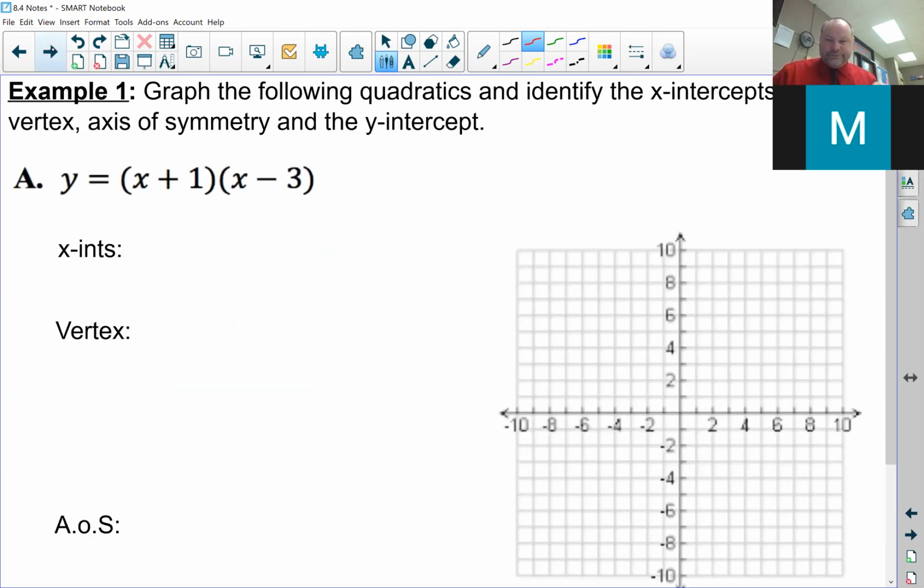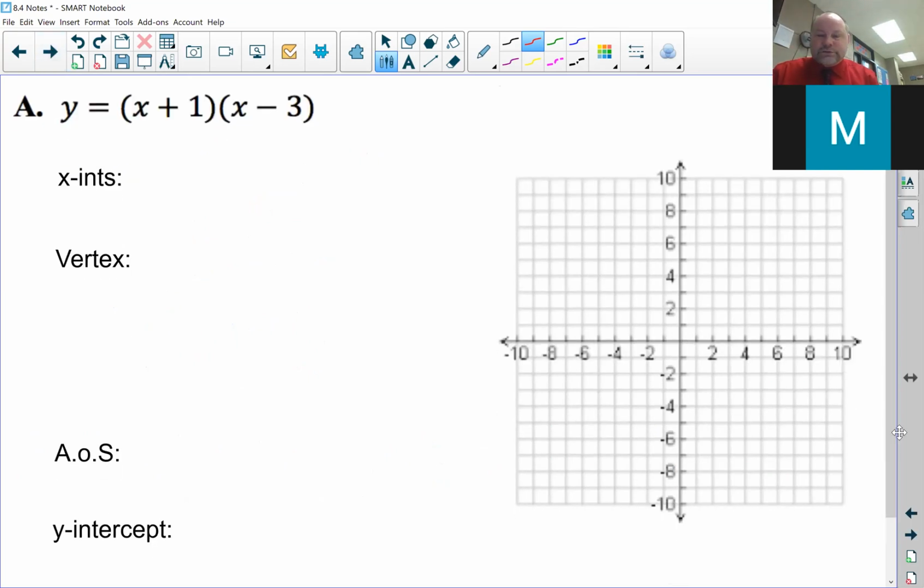All right. Graph the following quadratics and identify the X-intercepts, vertex, axis of symmetry, and the Y-intercept. So all of this great stuff that we can find now with the different forms of the graph.